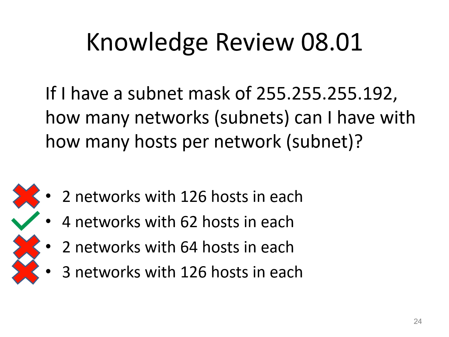The answer is 4 networks with 62 hosts in each. You can determine this by looking at the subnet mask, which in binary looks like this. We can see that in the last octet we have 6 bits for the host. This means that there are 64 addresses for those 6 bits. But remember that host 0 is used for the network address, and the host with all ones is reserved for the broadcast address.